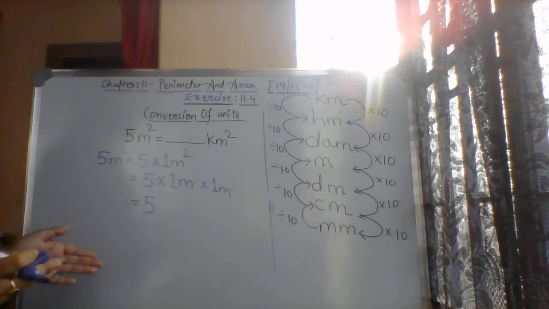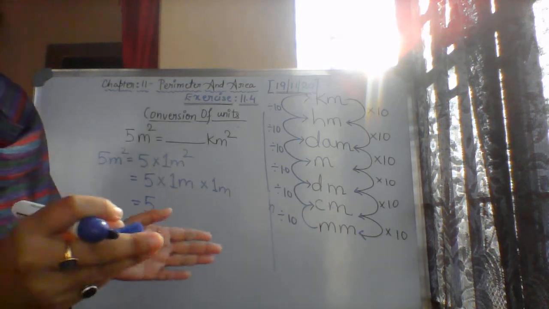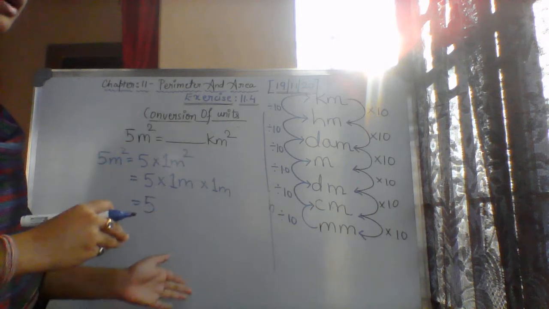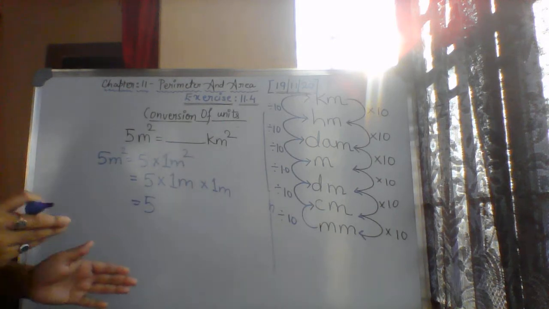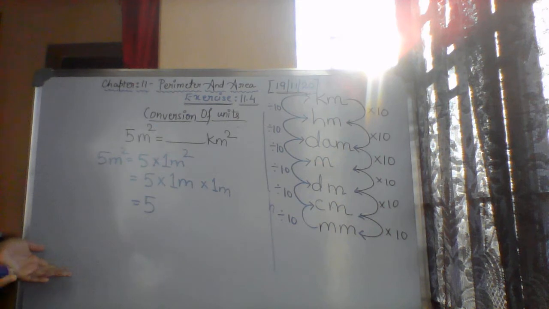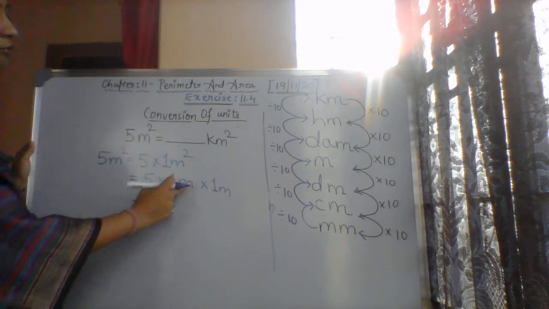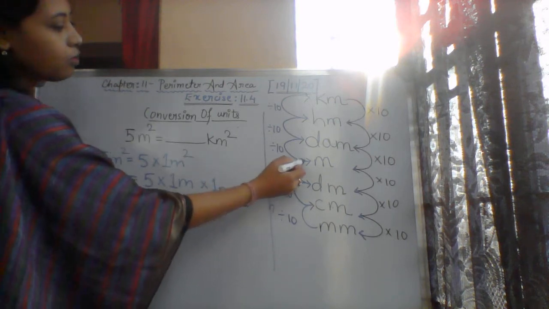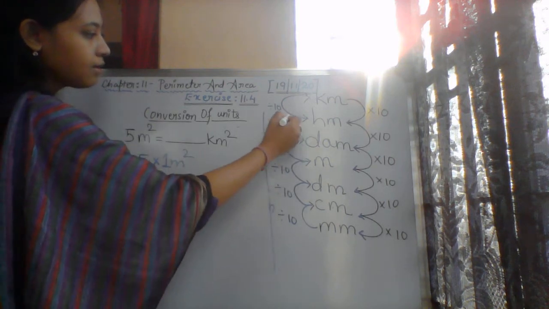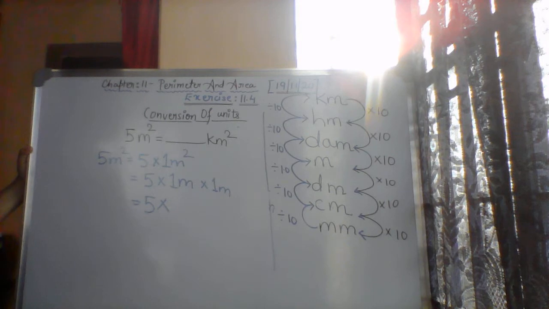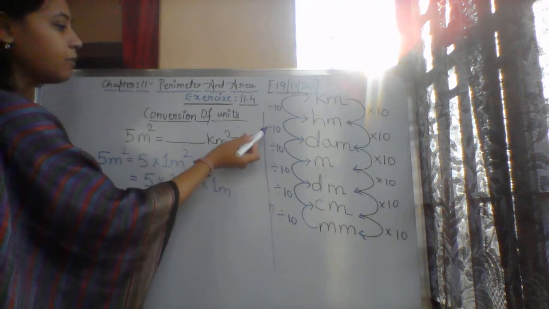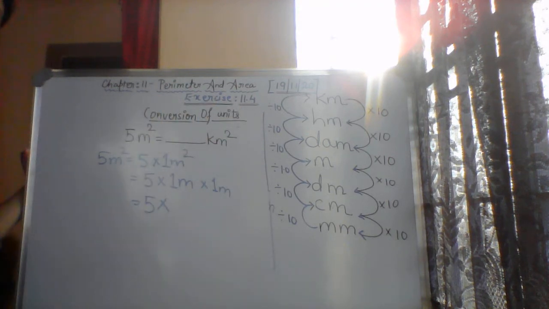After this you will learn how to convert all types of cube, means meter cube into kilometer cube, this type of conversion, same way. Okay, so 5 multiplied, each meter I have to convert into kilometer. So meter to kilometer, 3 jumps, and each jump divide by 10.